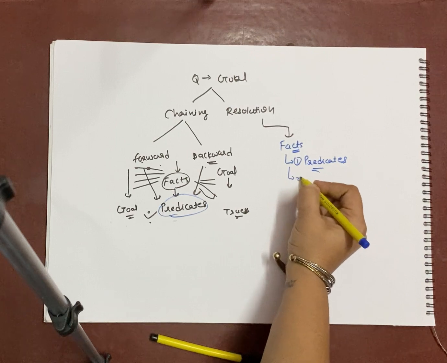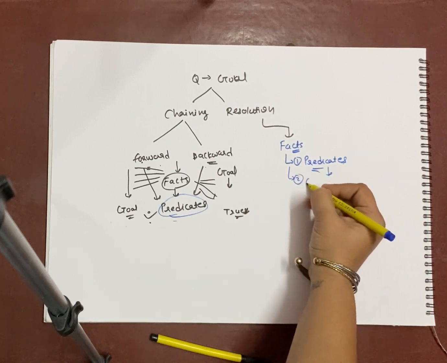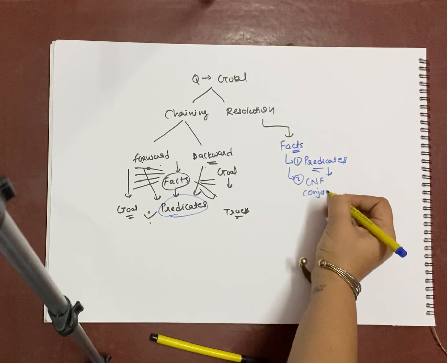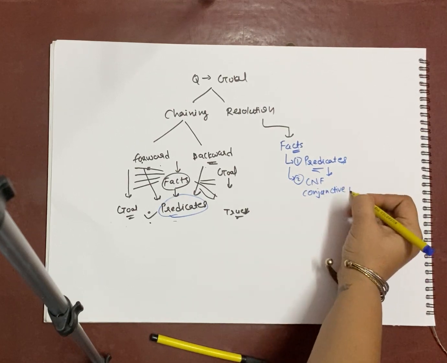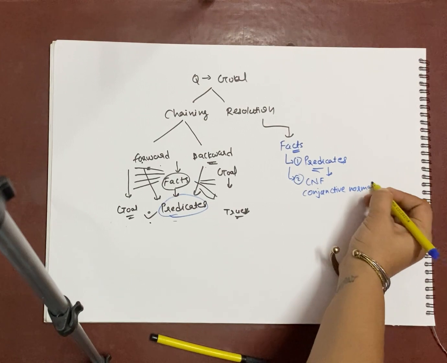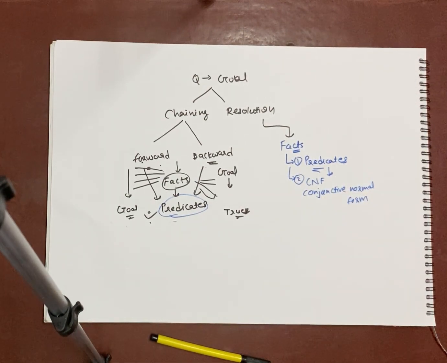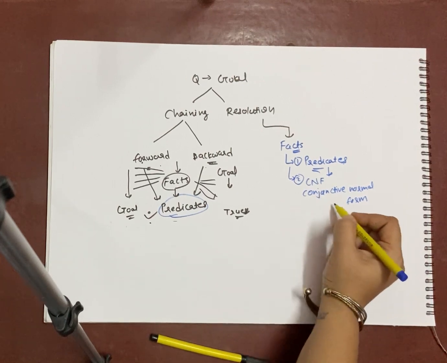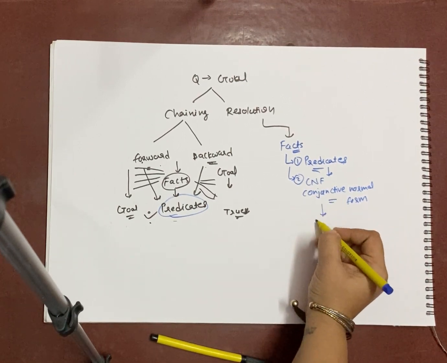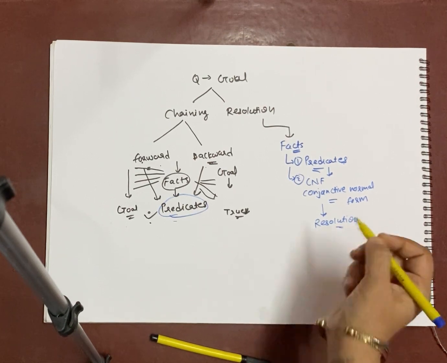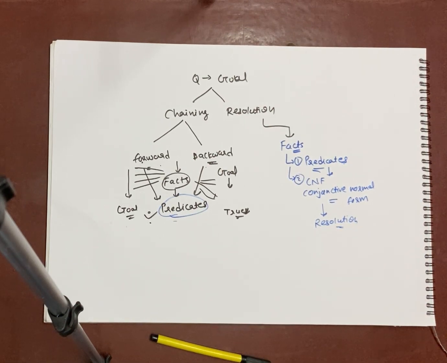The second step is to convert these predicates to CNF, that is, conjunctive normal form. Once the conjunctive normal form is available, you can apply resolution, and using resolution we are going to prove whether the given goal is correct or not.